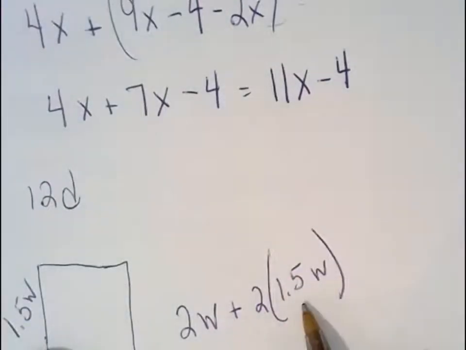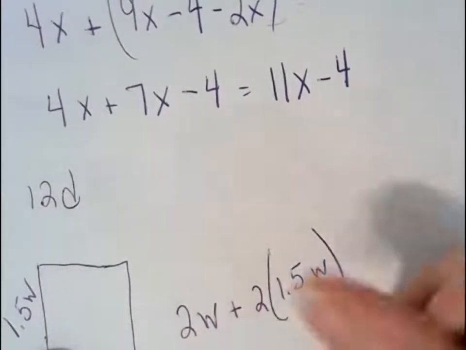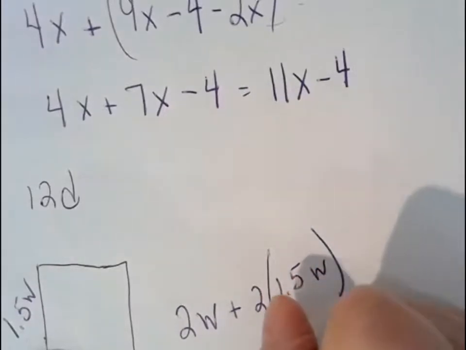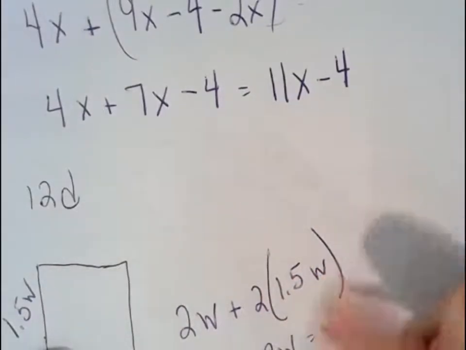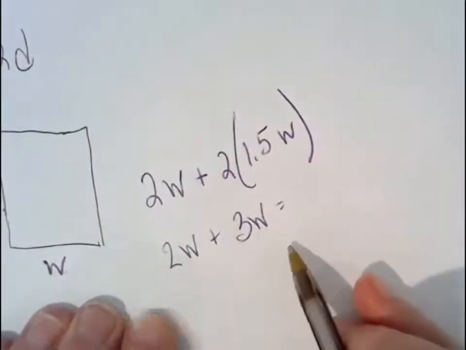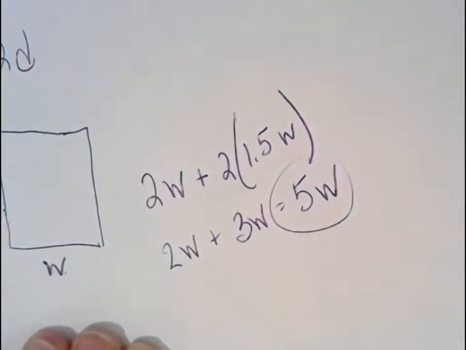And then we can simplify this. 2 times 1.5 is 3W. And 2W plus 3W equals 5W. So the answer is 5W to 77.